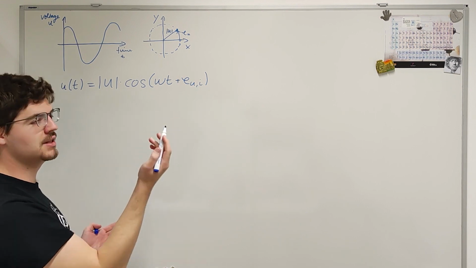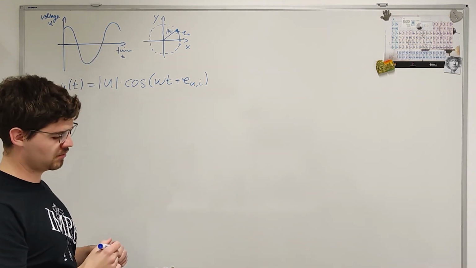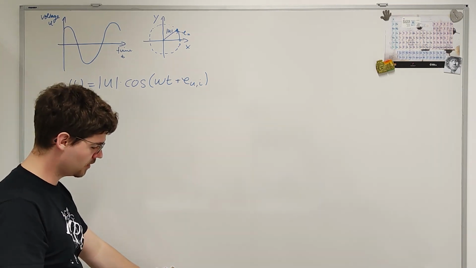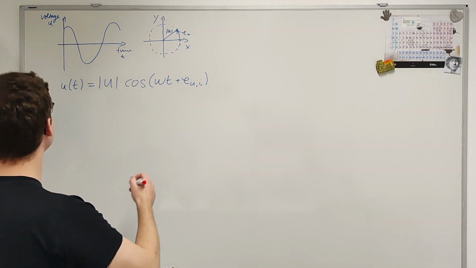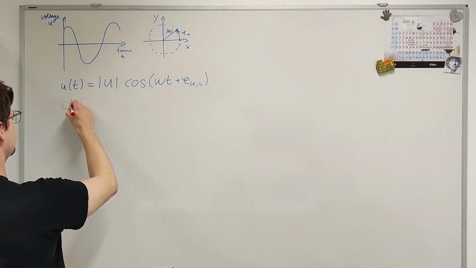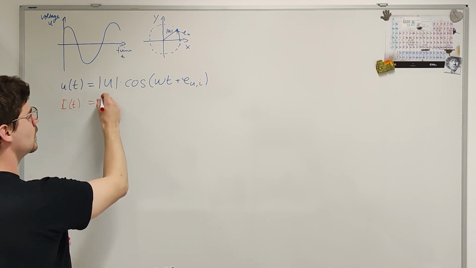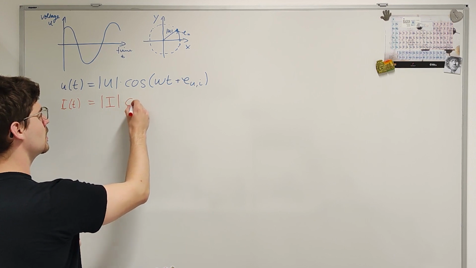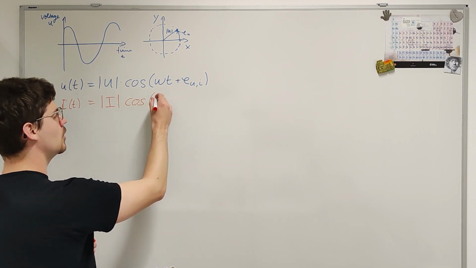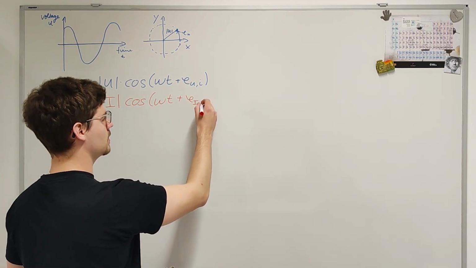And this describes, in the general case, our voltage waveform that we apply to our system. We can formulate the current response in a similar way. We have our amplitude, the absolute of I, times the cosine of omega t plus phi I initial.